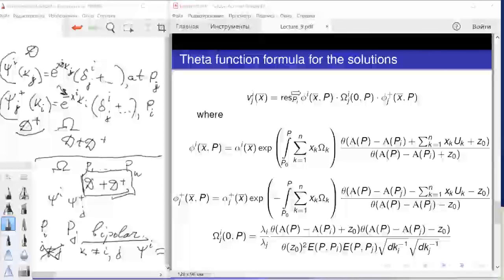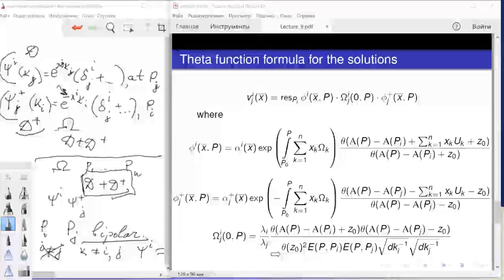As I said, the theta function formula is applicable to phi upper i, phi cross lower j. And in the very beginning of the lecture, I also said that every bipolar differential can be expressed via theta functions and prime form like this. So what is written here are three formulas.